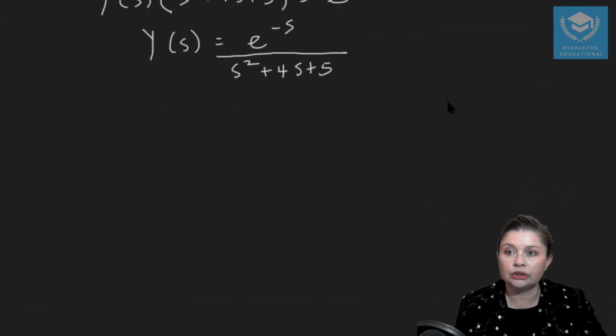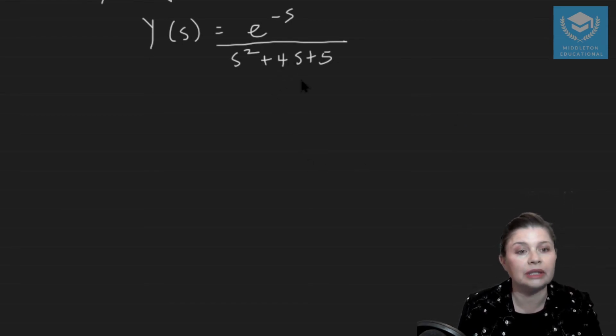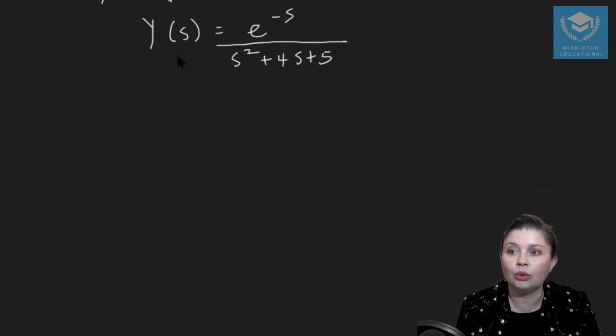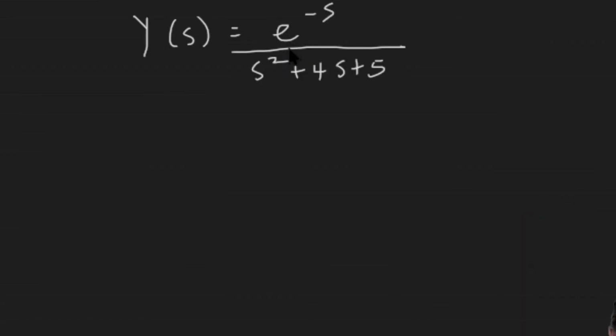So now, because this is in our frequency domain, you see your variable is s, it means you're in your frequency domain. We want to go back into our time domain. So we now need to find the inverse Laplace transform. And when we do this, because we have e to the power minus s over this trinomial, we know that we're working with a discontinuous function.